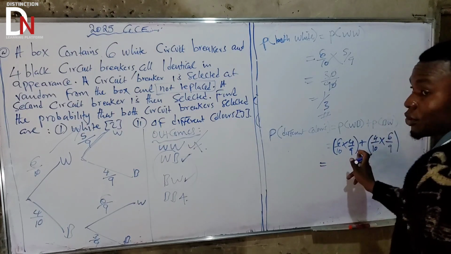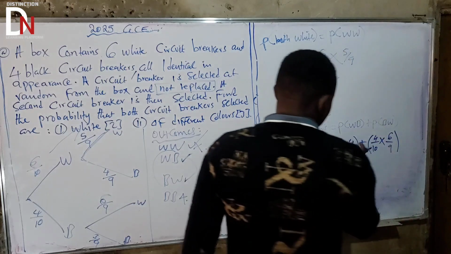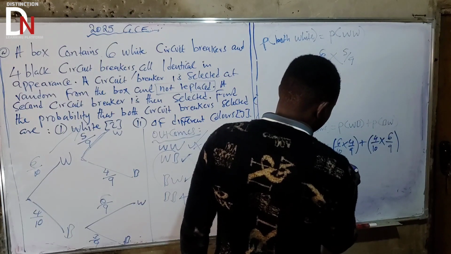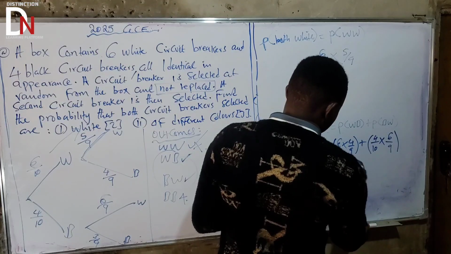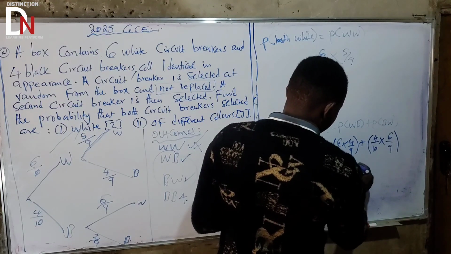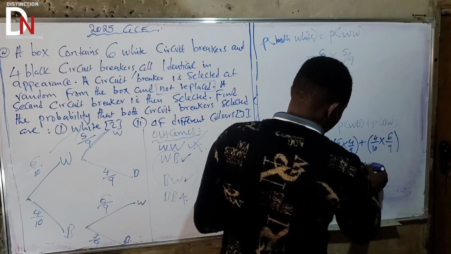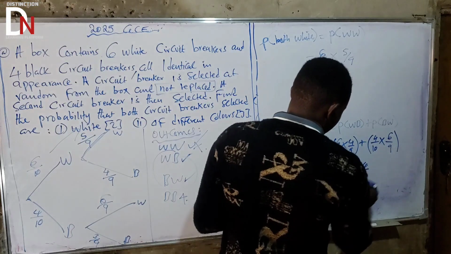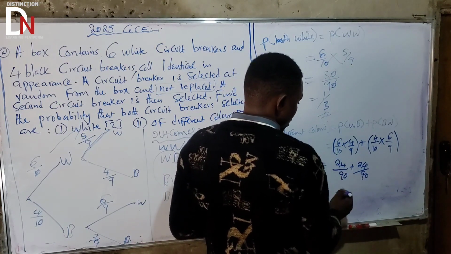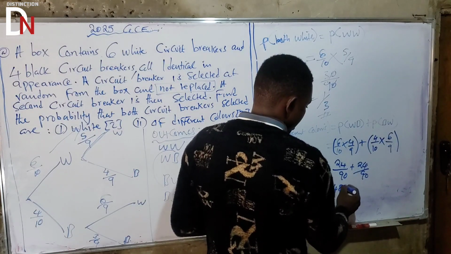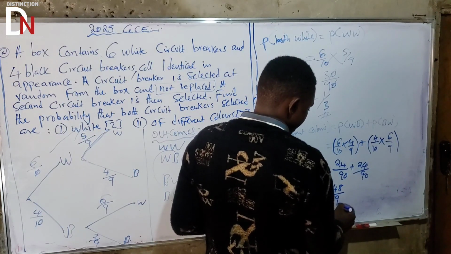Okay, remember you're supposed to use a calculator. 6 multiplied by 4 is 24. 10 by 9 is 90, plus this is 24 by 90. So 24 plus 24, okay, this is 48 out of 90.